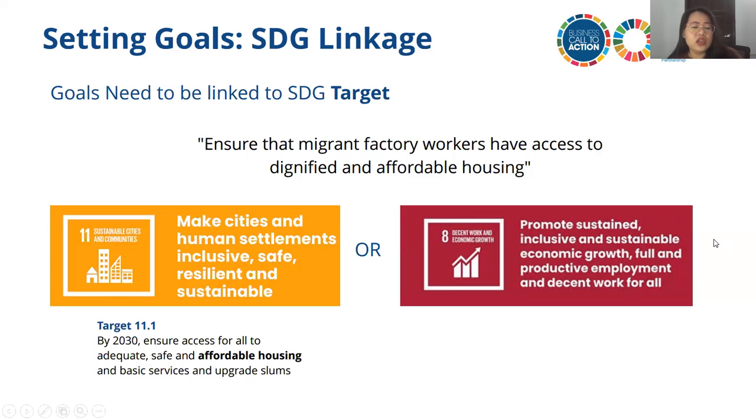Number 11, make cities and human settlements inclusive, safe, resilient, and sustainable. Or number 8, promote sustained, inclusive, and sustainable economic growth, full and productive employment, and decent work for all. So they pick those, okay? Assuming that in a general sense it aligns with their mission statement, as you can see on the screen.